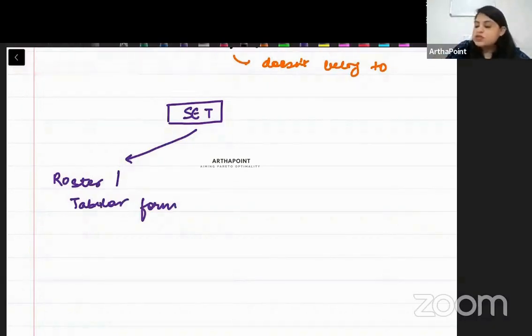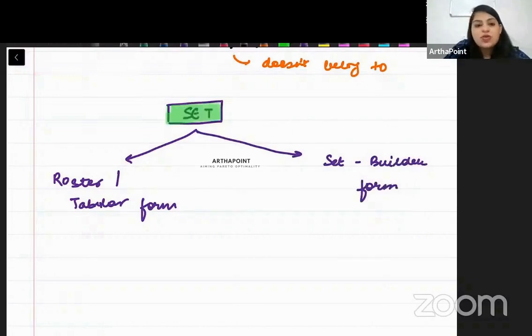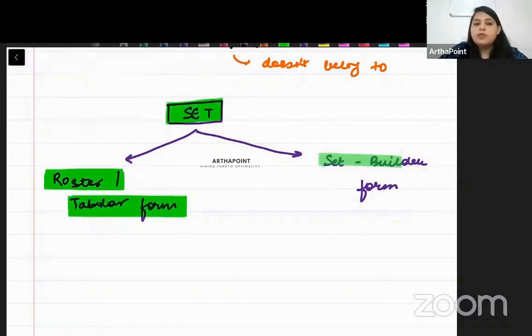And the second form is called a set builder form. एक set को हम 2 format में represent कर सकते हैं. The first is called a roster or a tabular form, and the second is called as a set builder form. पहले हम समझते हैं what is a roster form.